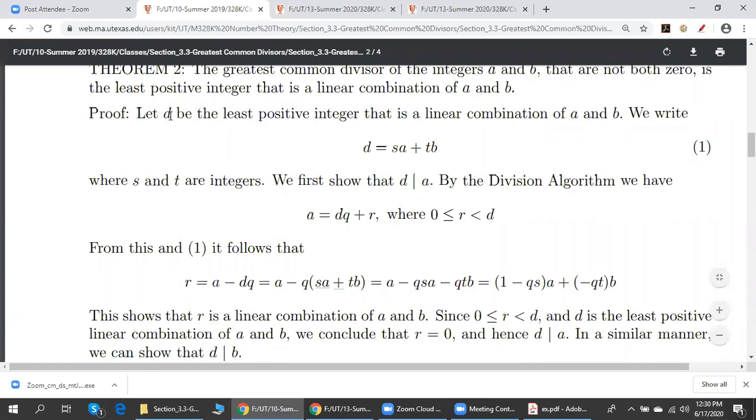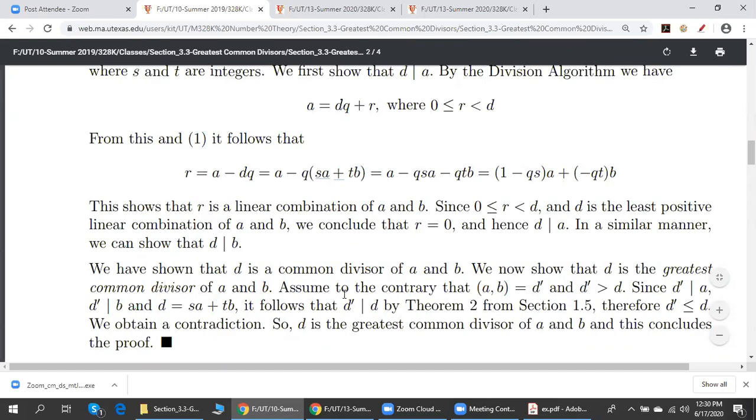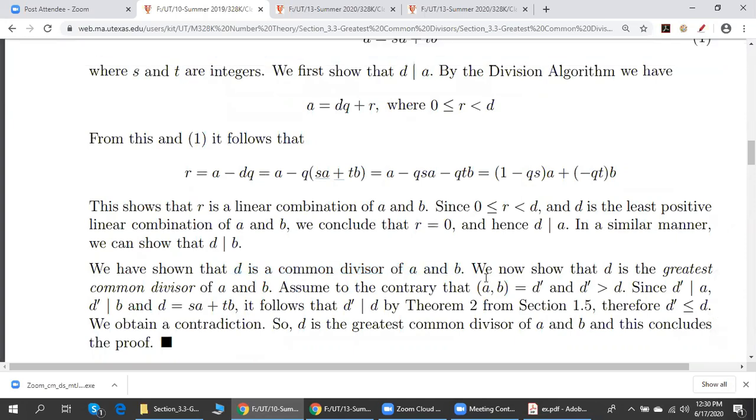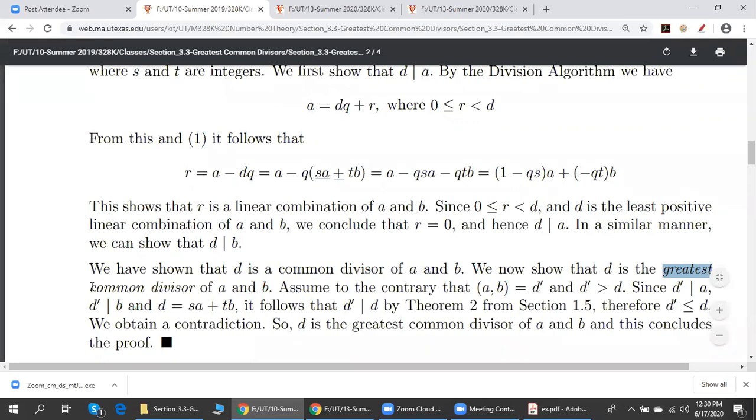Conclusion: if D is the least positive integer that is a linear combination of A and B, D divides both A and B. This means the following: D is a common divisor of A and B. But how do we show that D is the greatest common divisor of A and B? Here's how we do it.